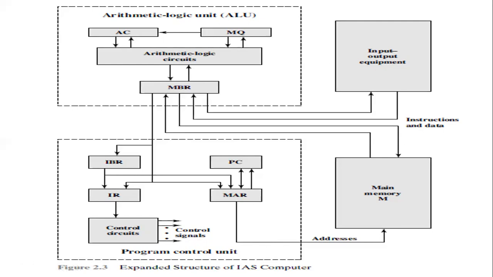If you want to save the result, it will be sent to your memory, otherwise it will be sent to your output device. So that was with an example. I hope you have understood the structure of the IAS computer and how it works.